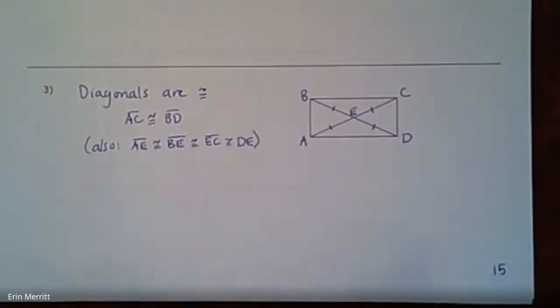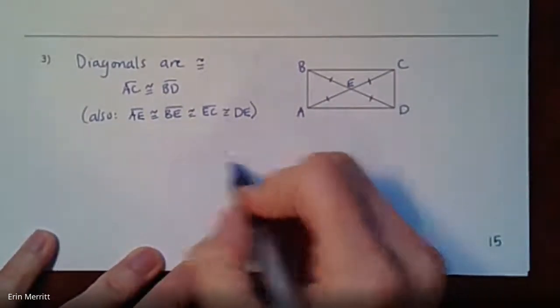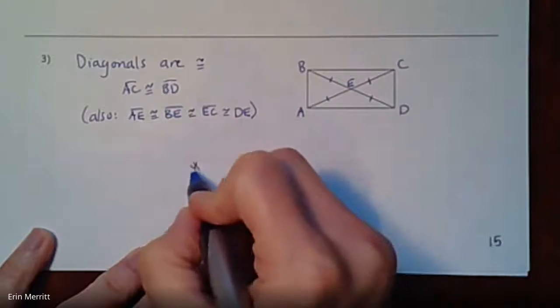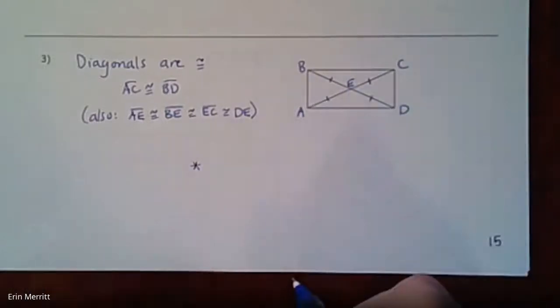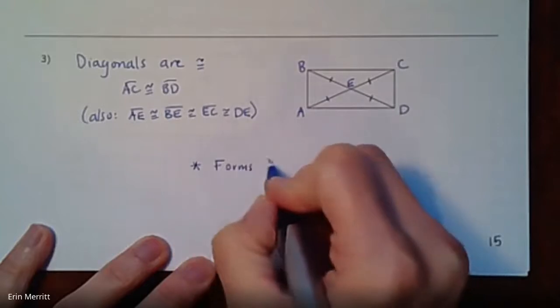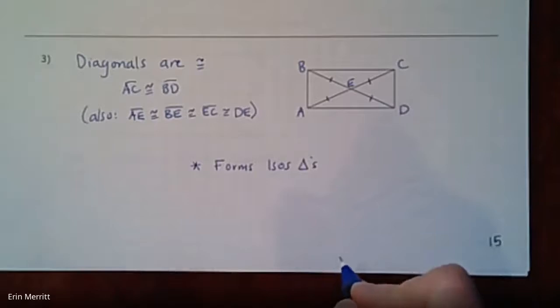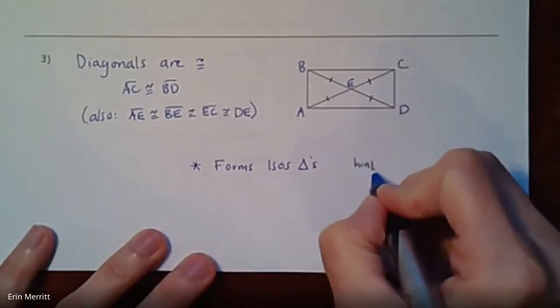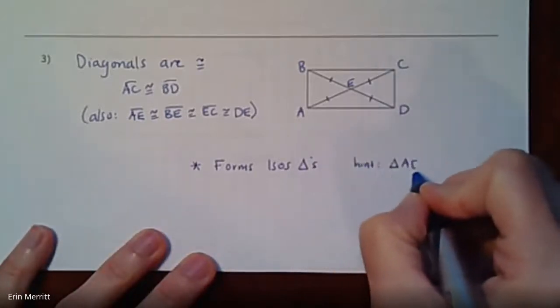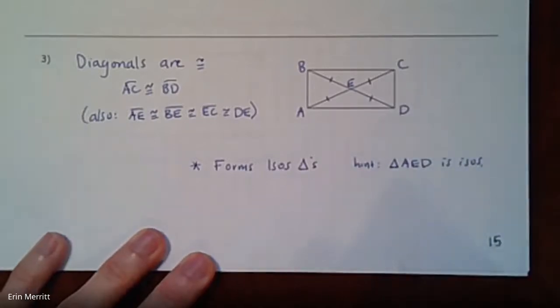All right. The one last thing, and we might as well throw this in here because it's going to be helpful, is that with all those congruent parts, it also forms isosceles triangles, right? So as a little hint here, triangle AED is isosceles, which, okay, great.